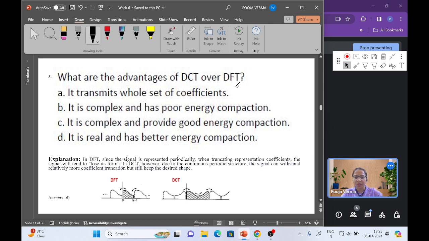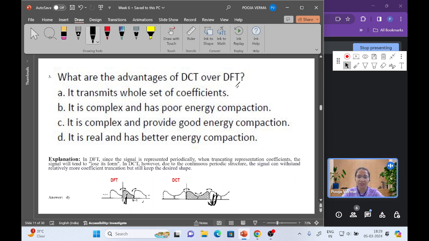And also, DFT provides discontinuity while analyzing the signal. It is like this. After n minus 1 the signal again starts from the beginning. So it provides discontinuity during the operation, while DCT provides continuous operation.